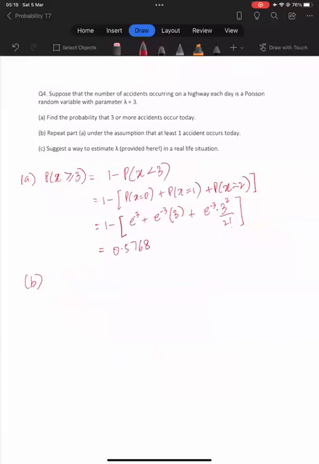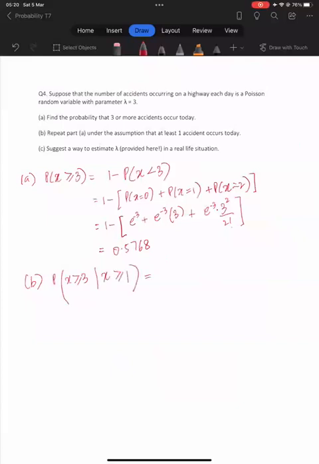Okay. Then we have: repeat part A under the assumption that at least one accident occurs today. So this is a conditional probability because we are given the fact that one accident has happened. So we have to find the probability that x is greater than or equal to 3 given that x is greater than or equal to 1.